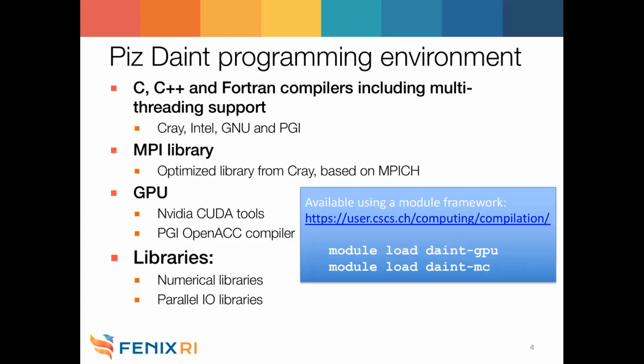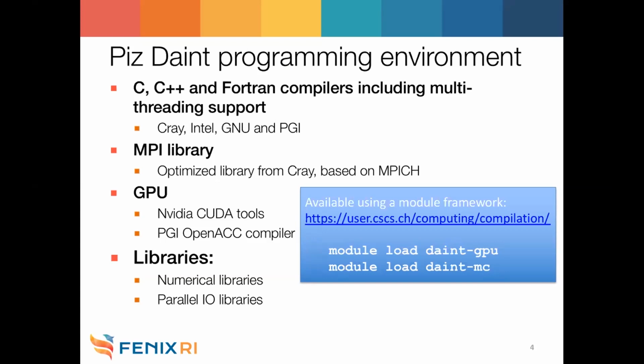Now moving to how I bring my applications to the system. As I mentioned before, it has a very conventional programming environment, whether you are a Fortran, C or C++ programmer. All these compiler options are available with OpenMP and multi-threading support.